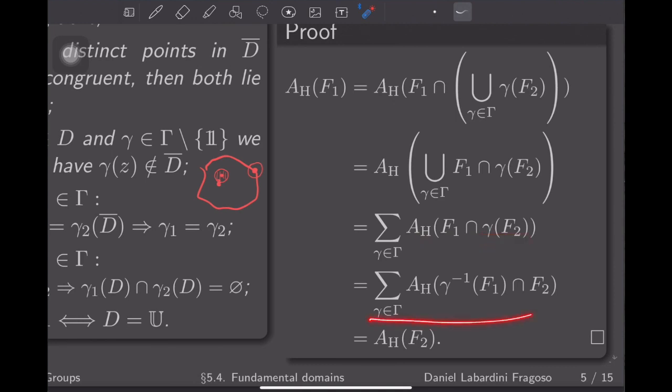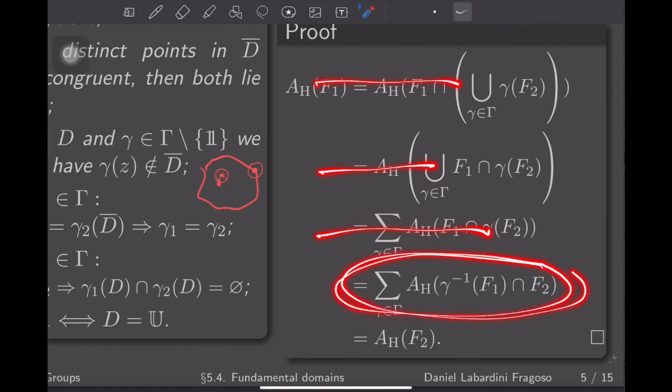And notice that here it's really the sum over all elements of gamma. And then the area of F2 translate of F1, and here is just a small change of variable. So if I applied all this to F2 now, I would really arrive at this one.